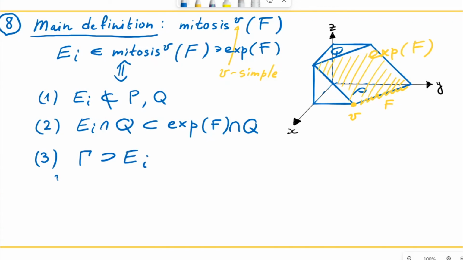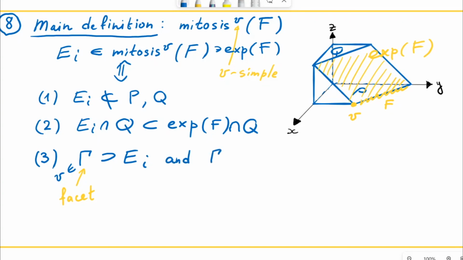And the third condition is the longest, and also it is the most useful in actual application of mitosis, because it rules out facets of delta that cannot contain Ei.